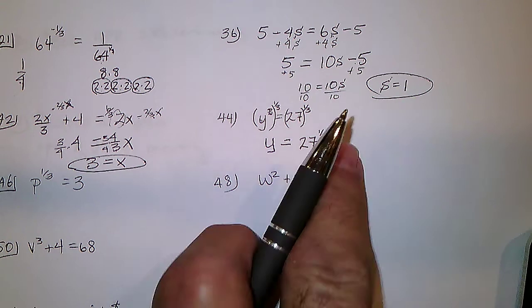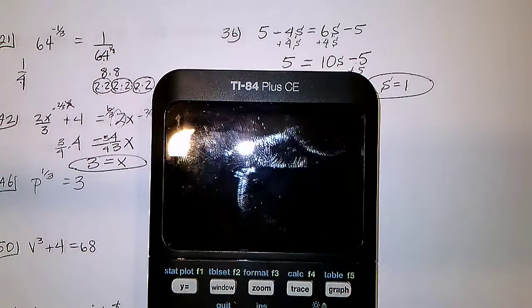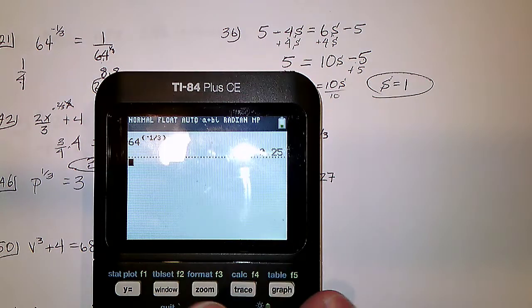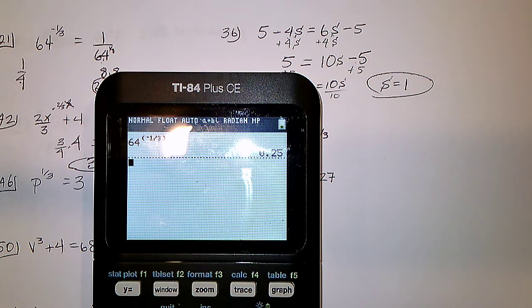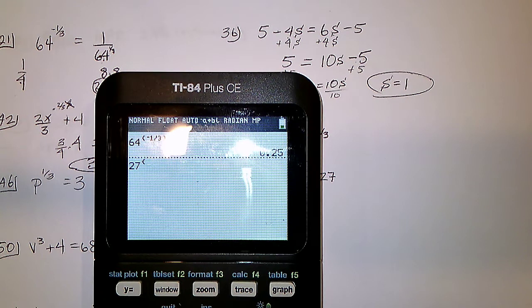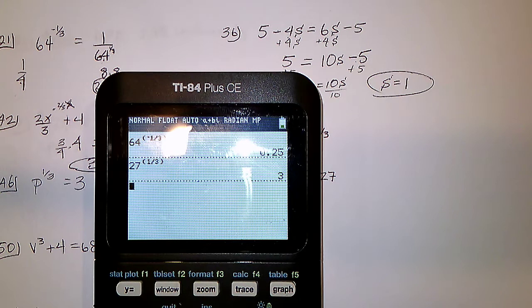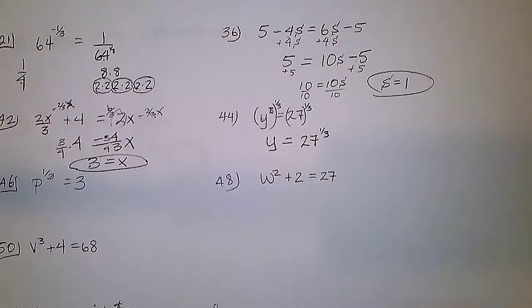So that's saying what times itself 3 times makes 27, and let's just ask the calculator to do that. 27 to the 1 divided by 3. And it says it's 3.